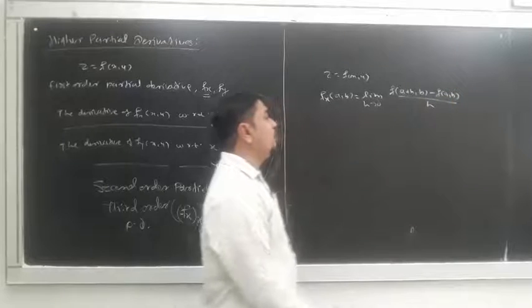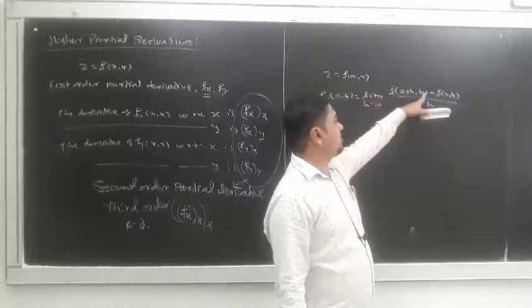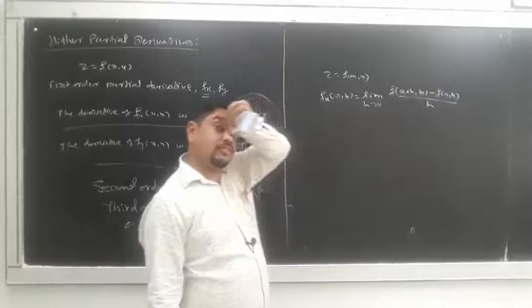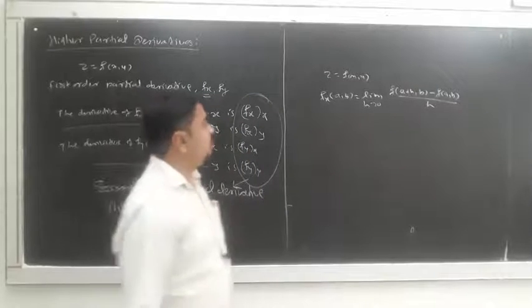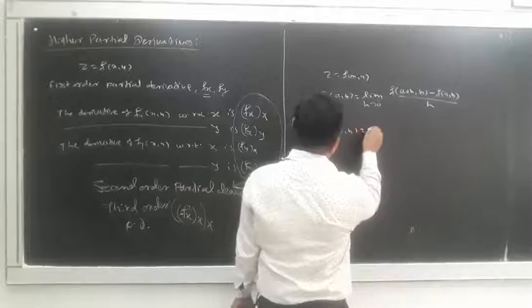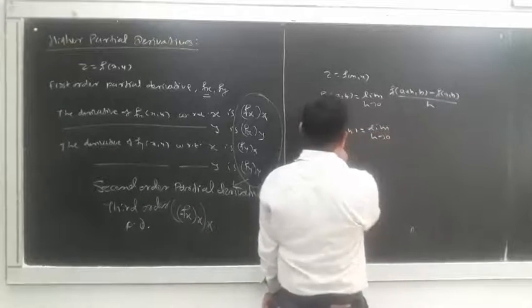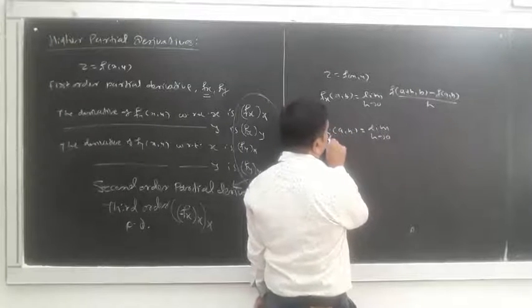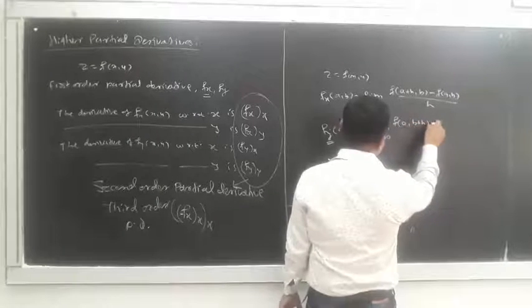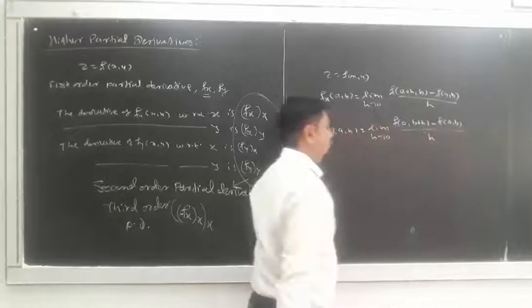Here b, or y, is constant and only x changes. Similarly, fy at (a, b) is the limit as h tends to 0 of f of a, b plus h minus f of a, b, upon h, where x is constant.